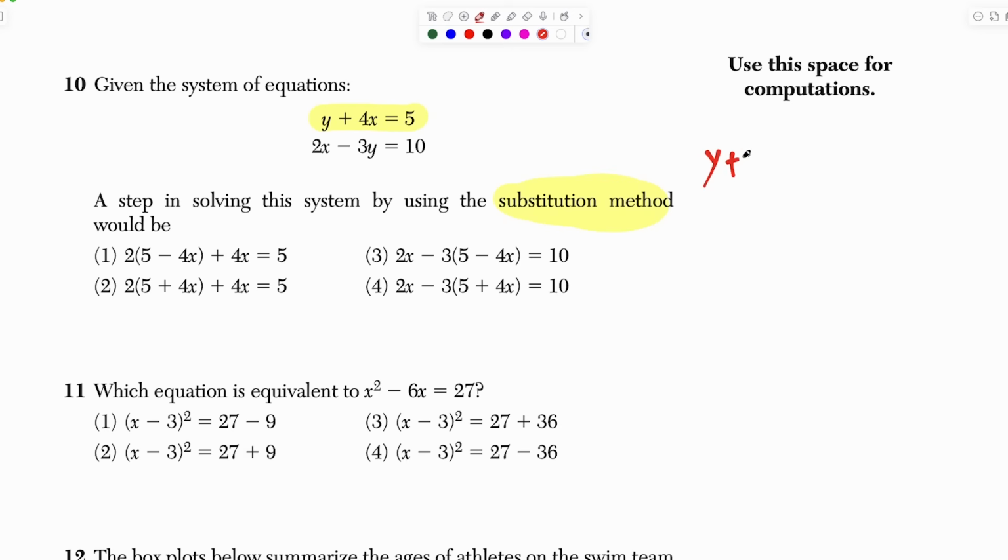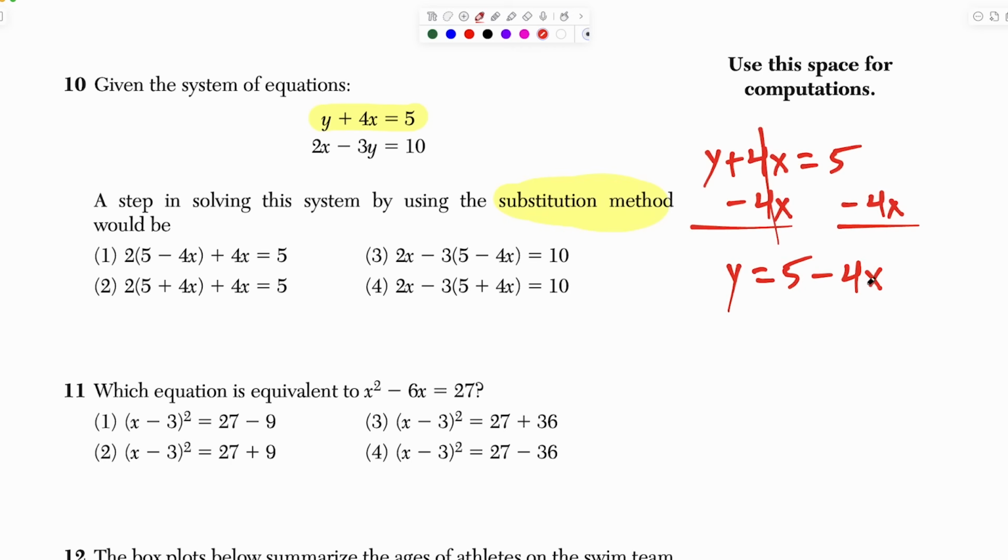So we have y plus 4x equals 5, and we solve for y by doing minus 4x on both sides. Just so that this matches the answer choices, I'm going to leave the minus 4x on the right, because notice that we have the constant and then the x term after it. So we cancel out 4x minus 4x and we have y equals 5 minus 4x. And then with the substitution method, once you solve for one of the variables, you plug that result into the second equation.